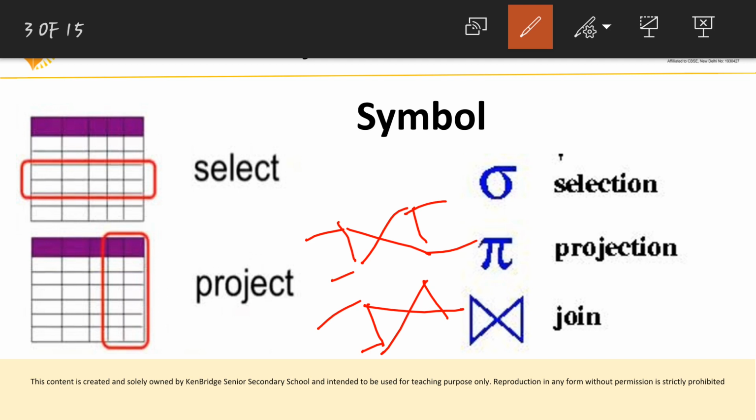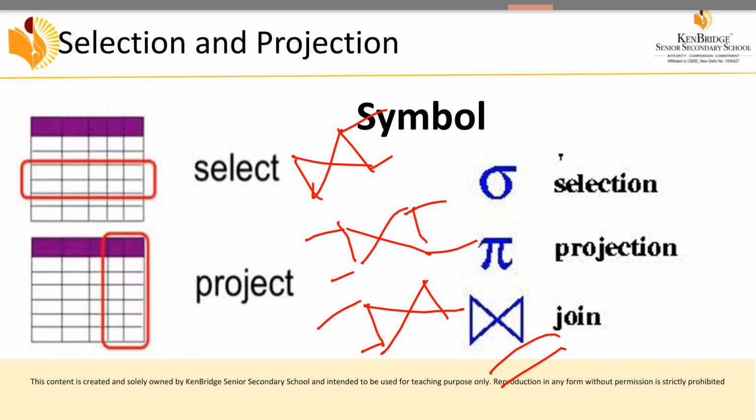If it is a right outer join, then you join the right side alone. If it is an inner join, then you don't add anything; this will be the symbol of inner join. Likewise, the symbol changes for each type. Okay, so let's move on to the next one.